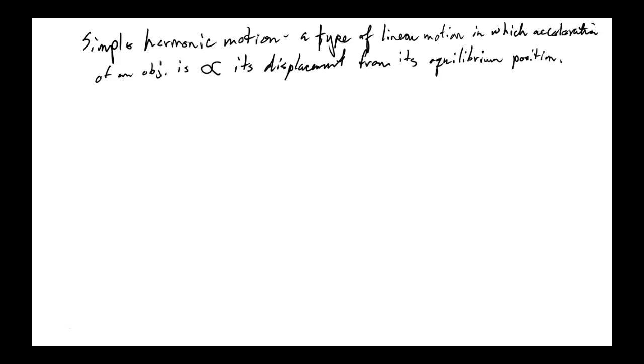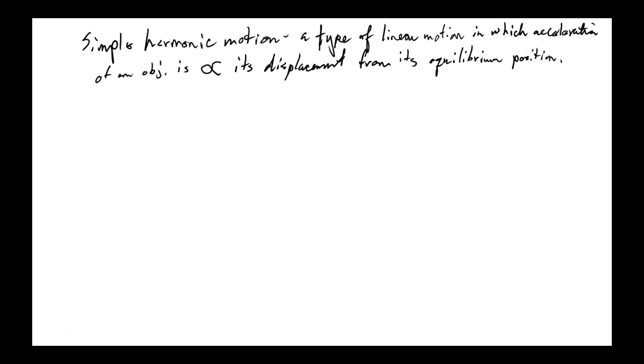Okay? That's simple harmonic motion. One example of it. There are many others, but that's probably the most simple. That's the one they give in the book on figure 16.26 on page 444.